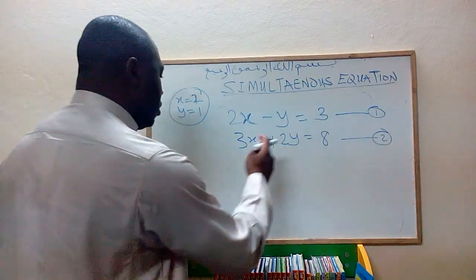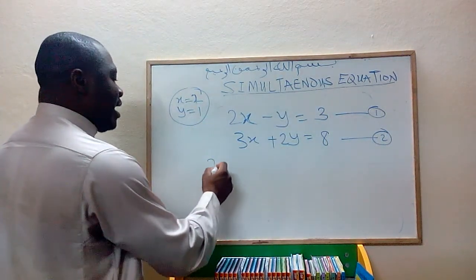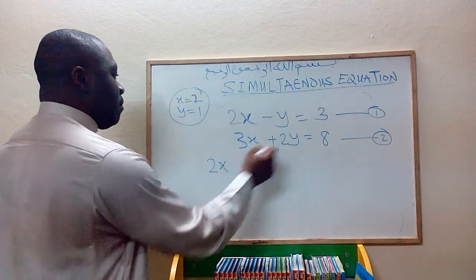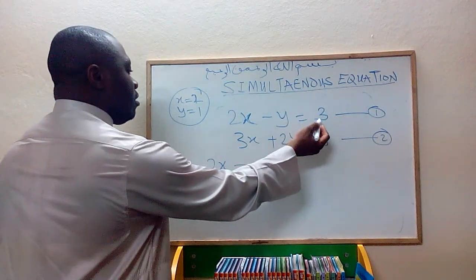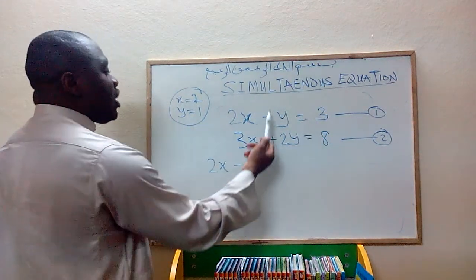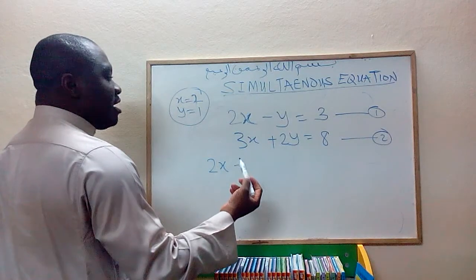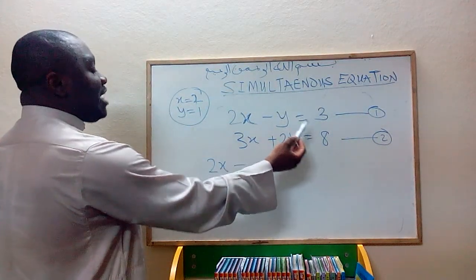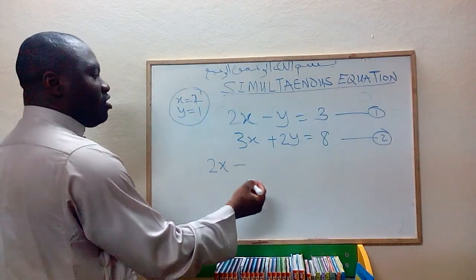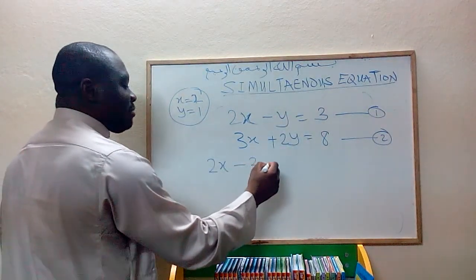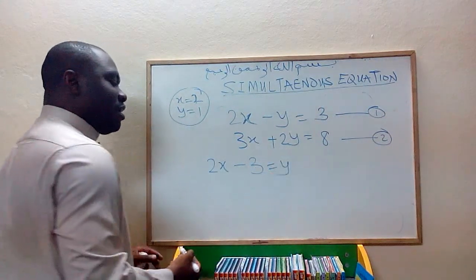So what do I do? I can say 2x minus 3. Now, importantly, you must know that the moment a number jumps an equal sign, it changes sign. And for numbers that don't have a sign, it is assumed that there's an invisible plus. So the moment it jumps the equal sign, it becomes a minus. 2x minus 3 equals y.